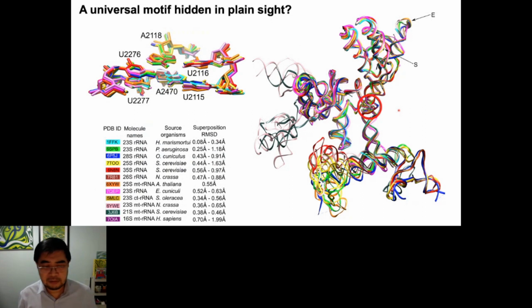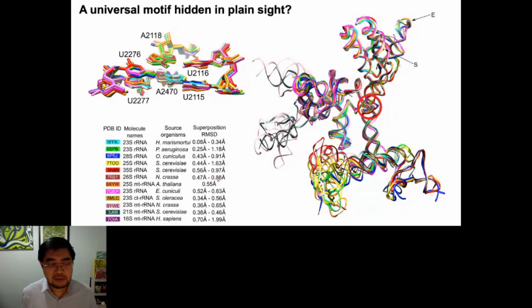And as it turns out, all available ribosomal RNA structures that are complete and have this particular region will have this UAU stack. It doesn't matter what organism it's from, whether it's human, archaea, or yeast.